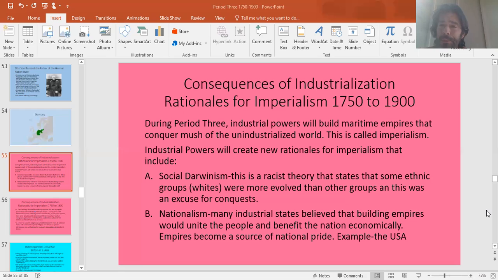So, racism, it be a thing in period 2, it still be a thing in period 3, and is being used to justify these conquests that take place in this unit.